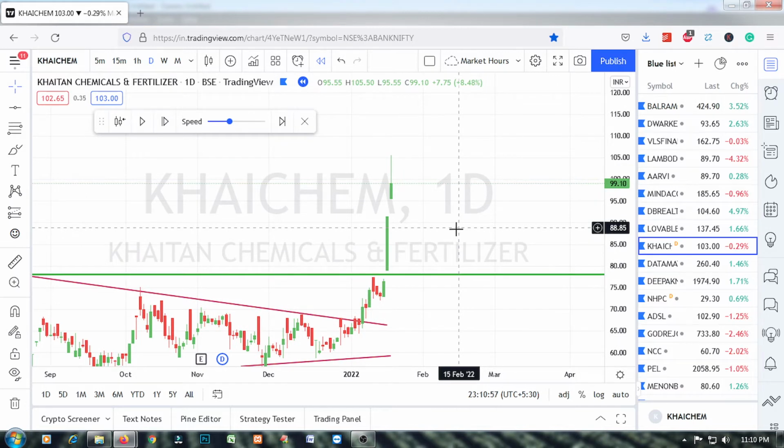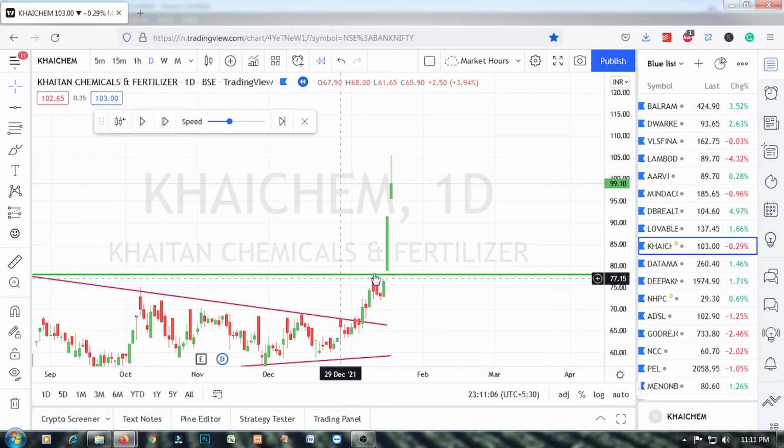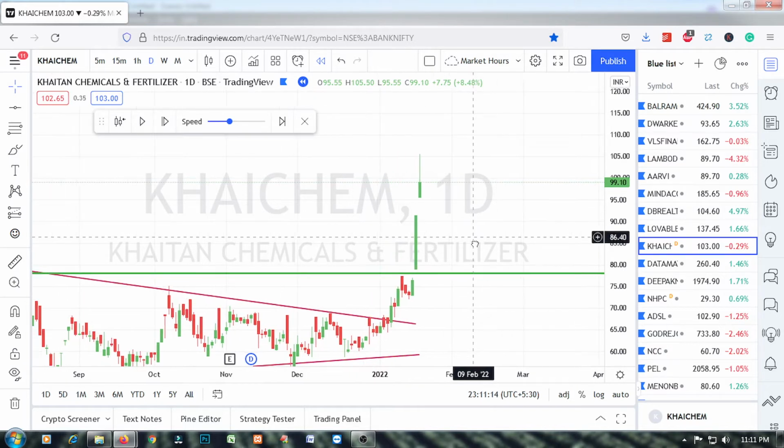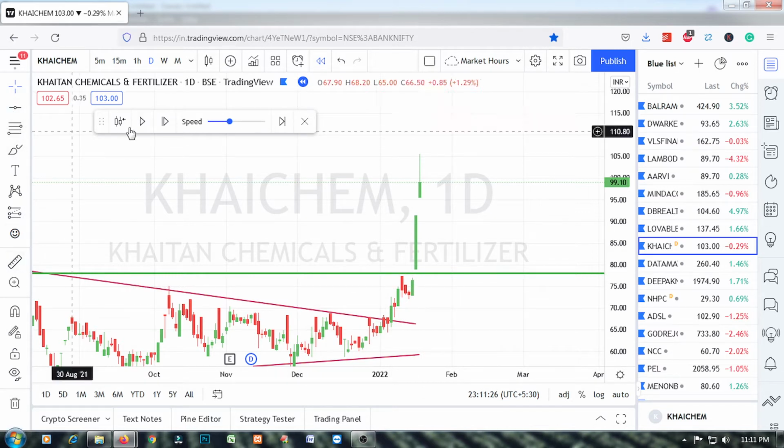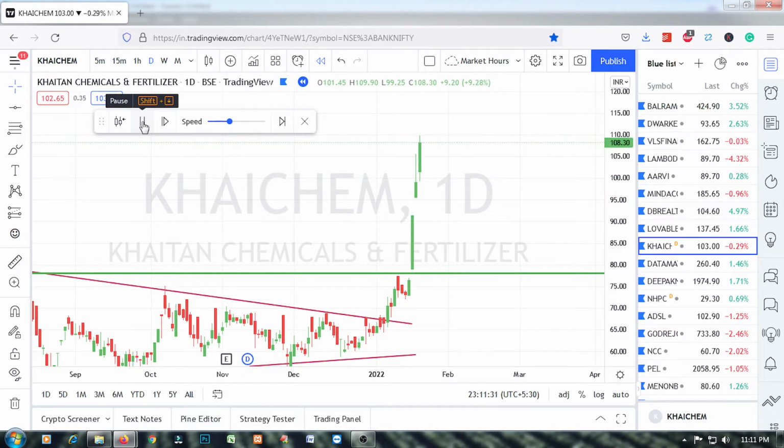There is no need to wait until it hits 50%. You can exit after hitting the 1:2 ratio or 1:3 ratio, or else you can at least sell 50% of your position after hitting the 1:2 ratio. So let us look at the maximum price it has gone up to.